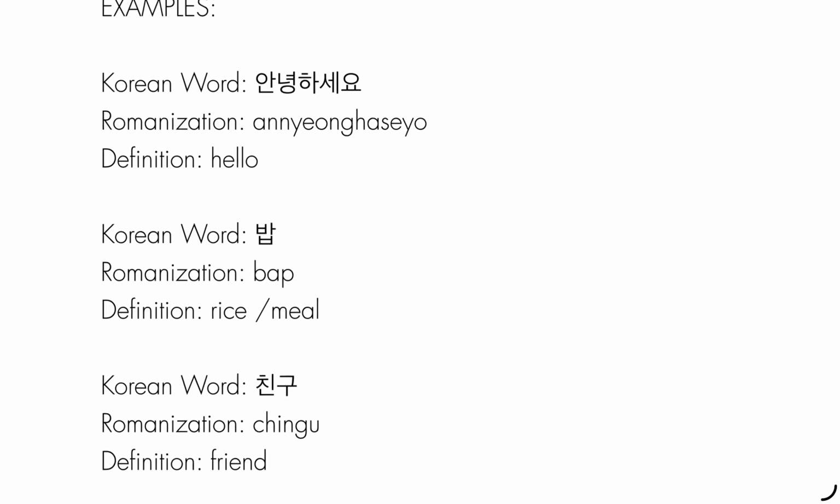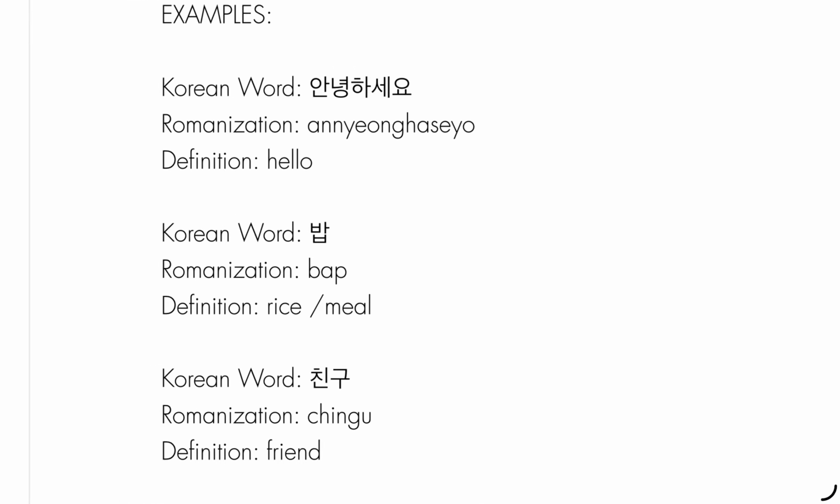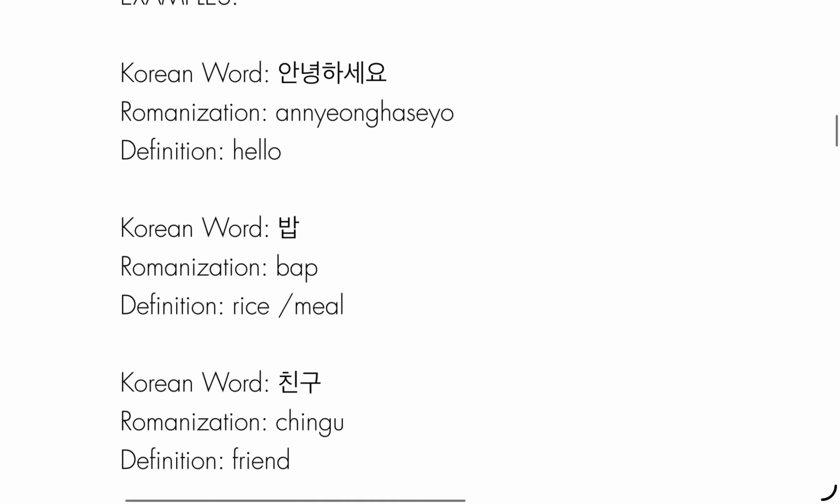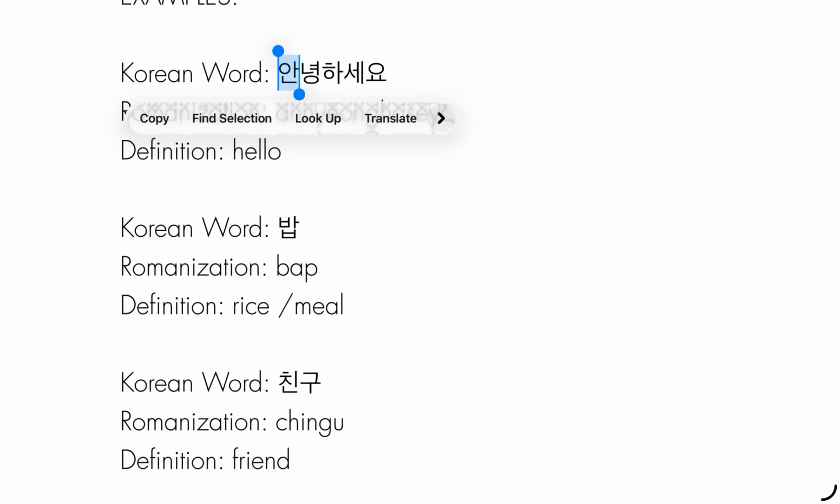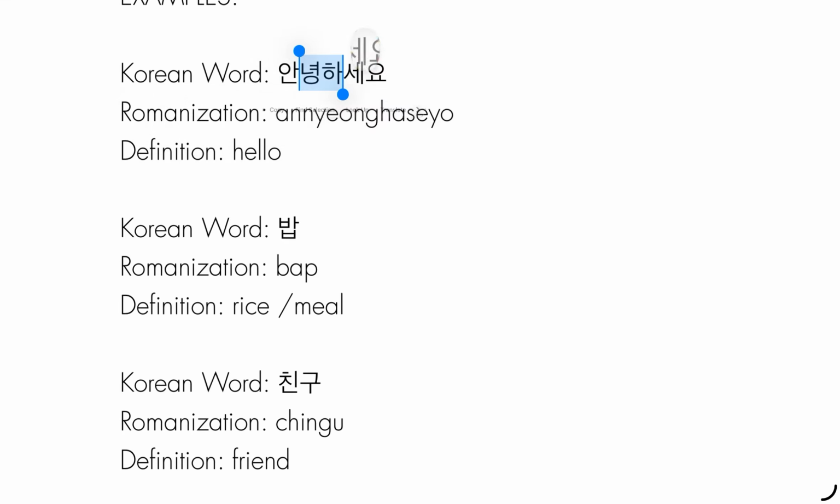So, can I zoom in? I can, great. So, this word here, as you can see, Korean is written in syllable blocks. So we have this block, then we have that block. So it has 1, 2, 3, 4, 5 syllable blocks made up for this one word.